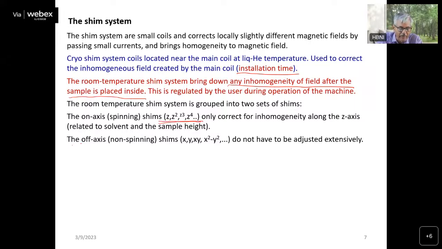The other group are the off-axis SIMs, which are not along the axis, like x, y, then xy, x square minus y square. Most of the time you have to adjust the Z SIMs, meaning along the axis. For the other SIMs, there may be some adjustment required, but not rigorously.